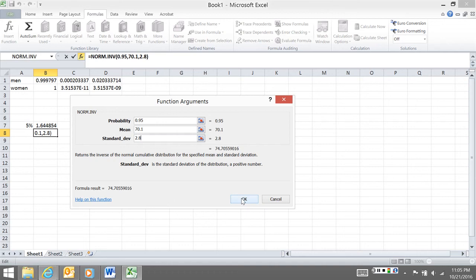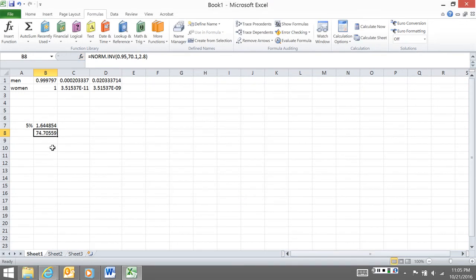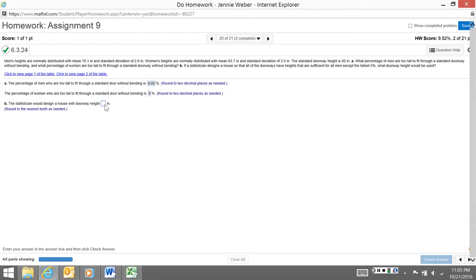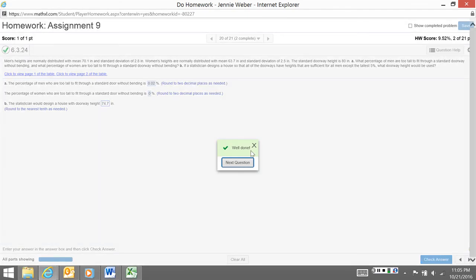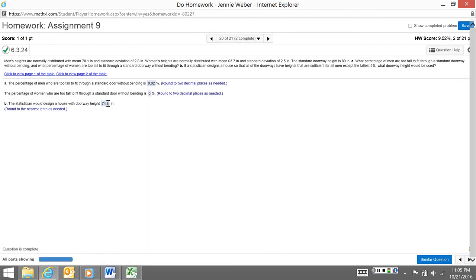In other words, it's going to do the formula for me. So there's my 74.7. Same answer as before. So it said round to the nearest tenth, 74.7. So that means if I make doorway heights that high, only 5% of men are going to have to bend.